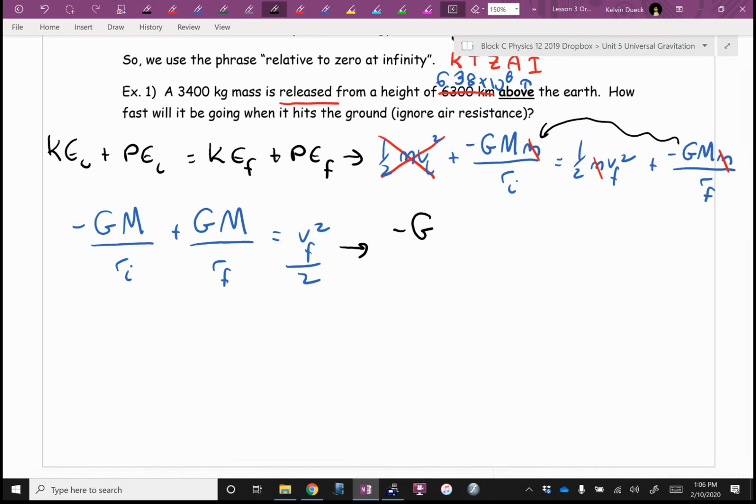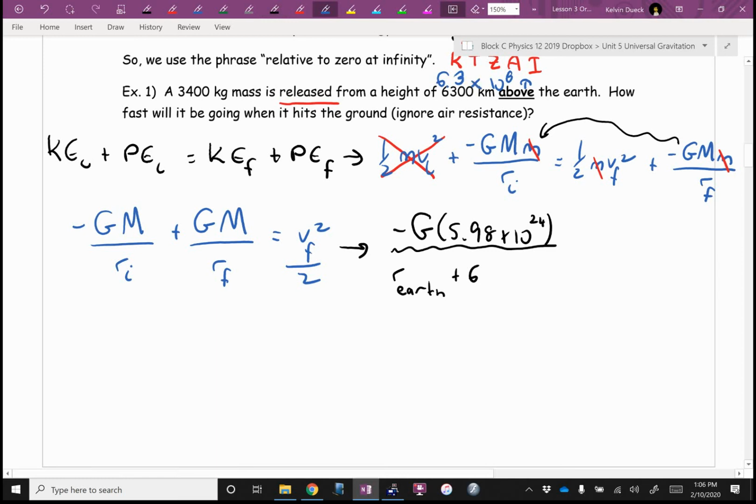Mass of the Earth, James? All over. R initial, it seems to me R initial is the radius of the Earth plus 6. I don't know why I put an 8 up there. I wrote the radius of the Earth up there, didn't I? It's just 6.3 times 10 to the 6.